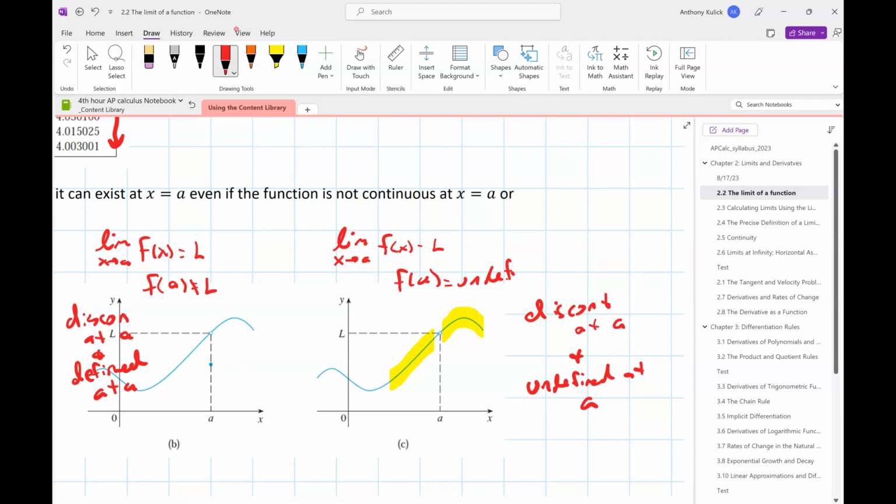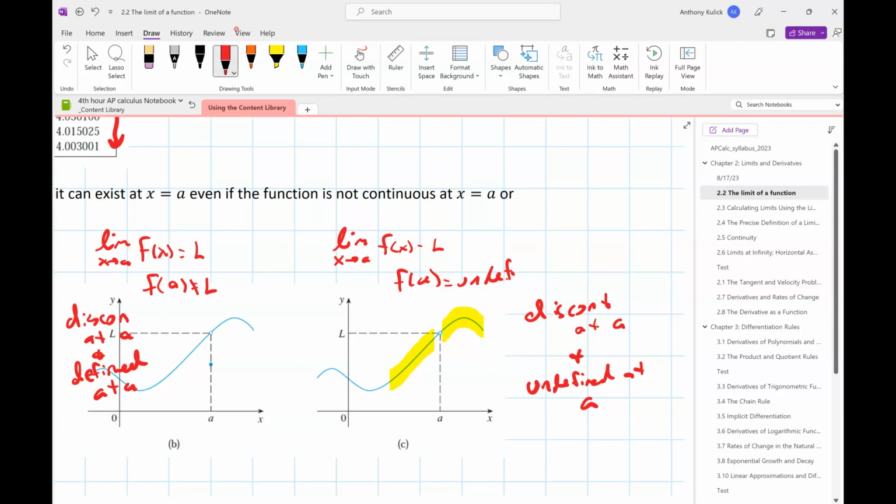Notice that in all three of these situations, the limit is the same, right? So f of A could equal L, the limit, that's fine. f of A could equal something else, and the limit still exists. Or f of A could be totally undefined, and still the limit could be the same.